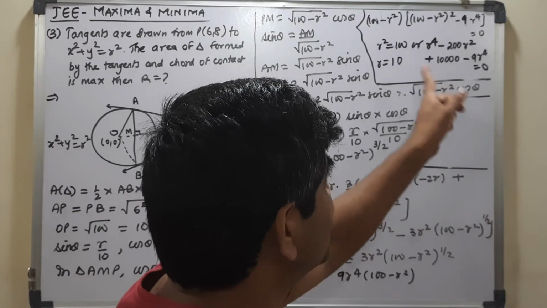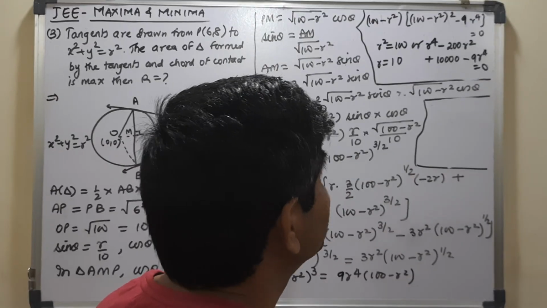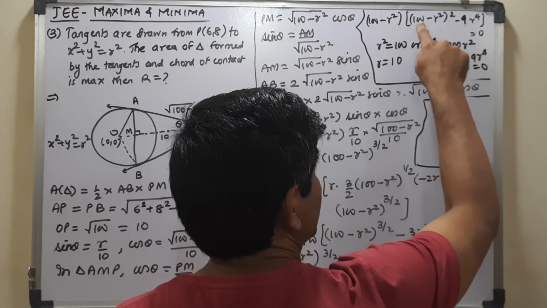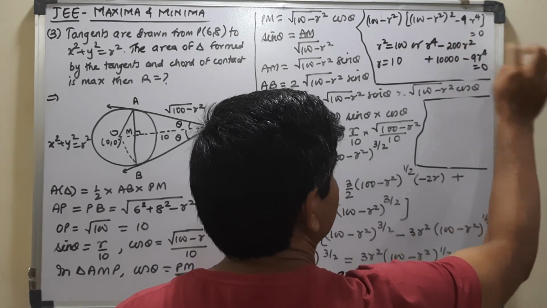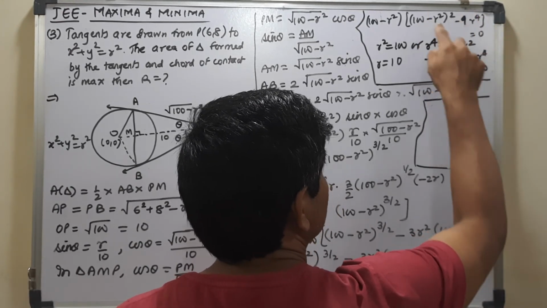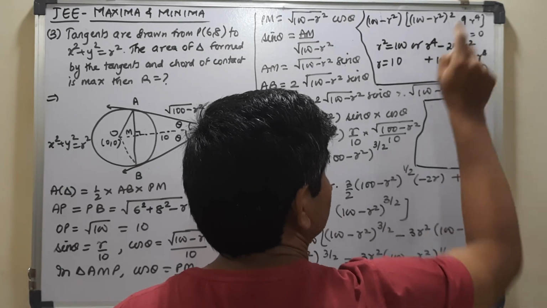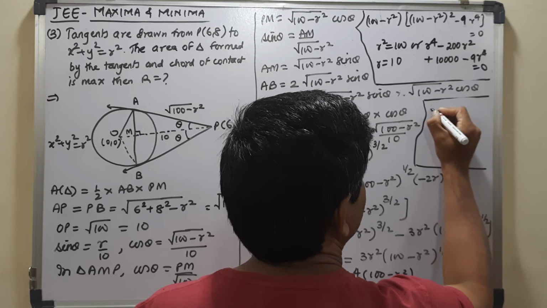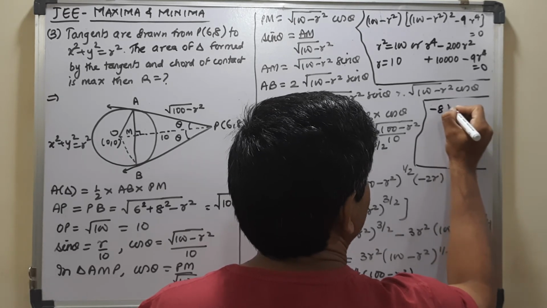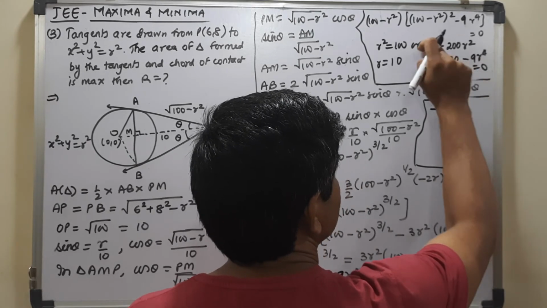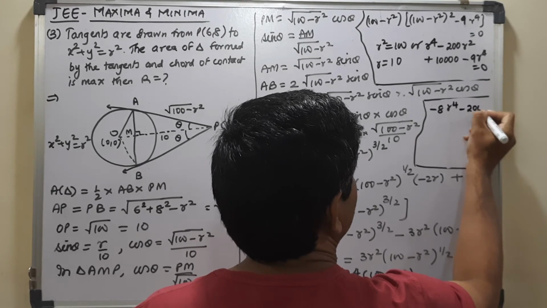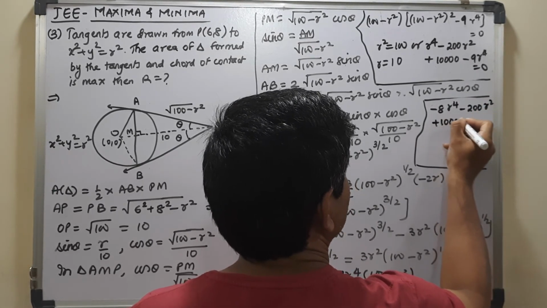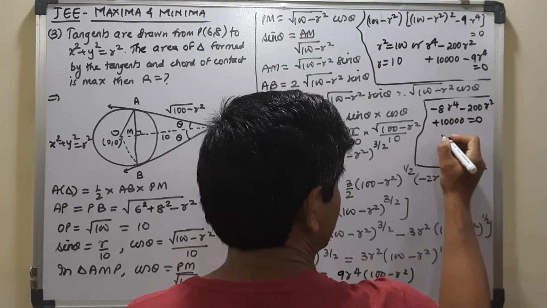Okay. So now it is very correct, because square of this I have written minus 2 times 100, now it is correct, 200r square, and then square of this also I have written, and this is minus 9. So now I will change the sign, but I will write here minus 8r raised to 4, this one, minus 200r square plus 1, 2, 3, 4 zeros is equal to 0.